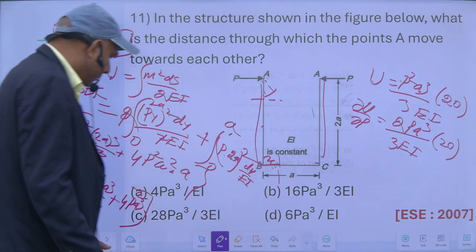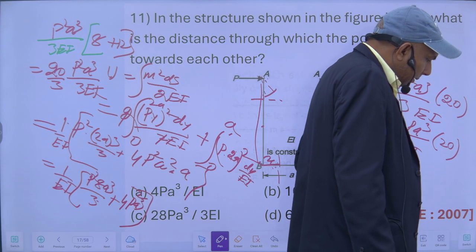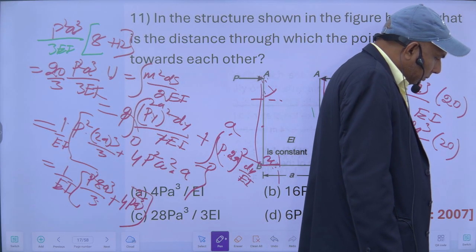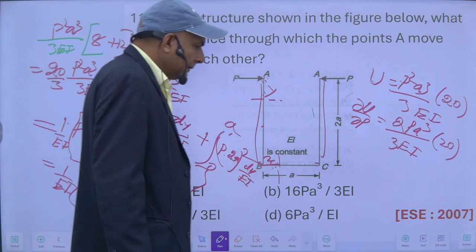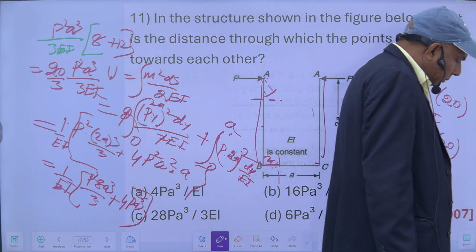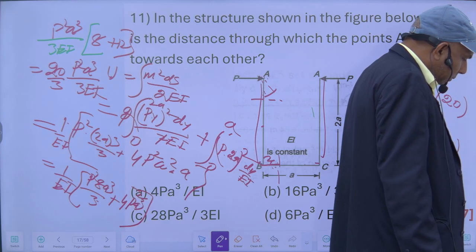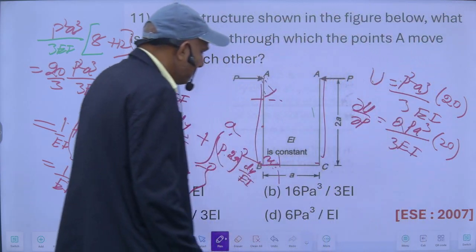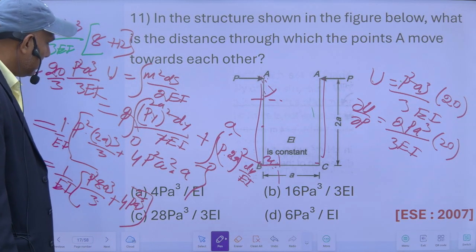So this will be, I think some problem is there, 8 upon 3. So yes. Oh, this will be, okay.